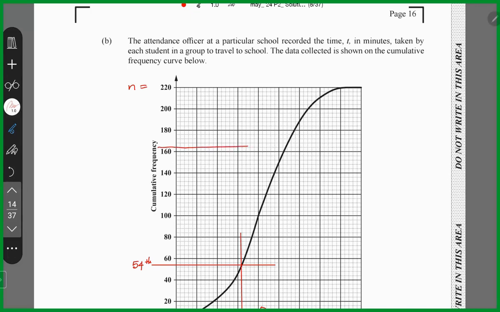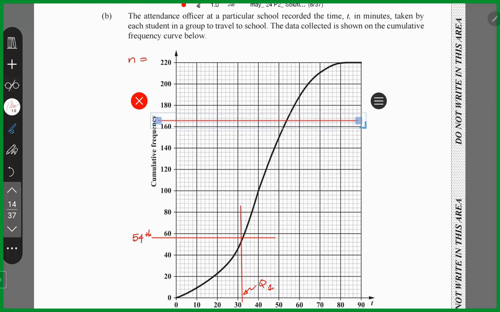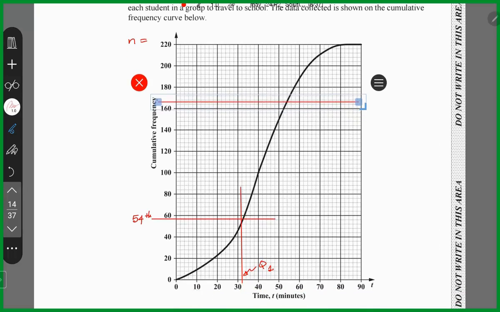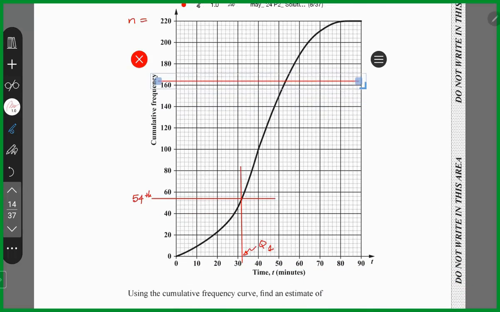I don't think we're going to get it any more accurate than 164. So what that looks like is, it looks like somewhere around here. This value here would be my Q3.